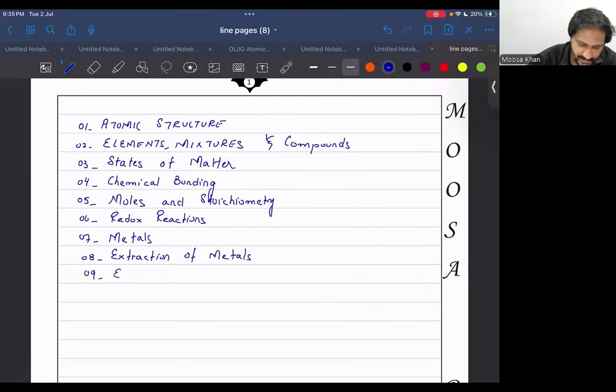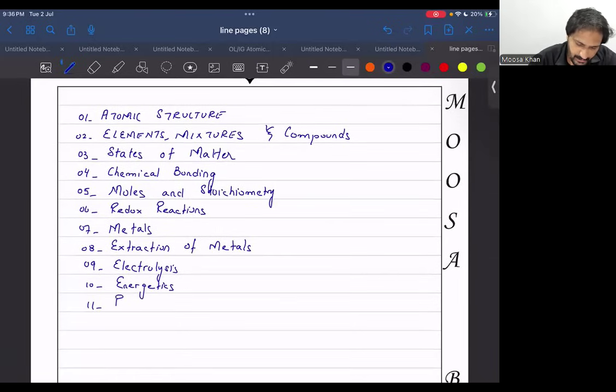Then we will start the chapter electrolysis. Then energetics. Energetics is the endothermic, exothermic chapter. Then reversible reactions and rate of reaction.